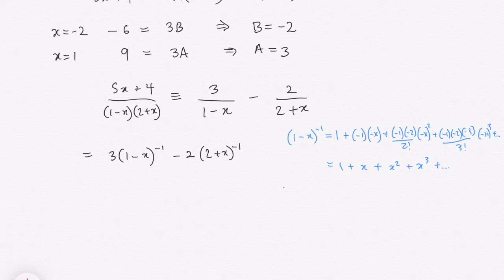Our second binomial expansion is 2 plus x to the minus 1. Let's firstly take a factor of 2.